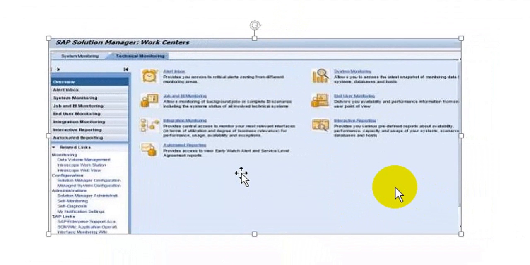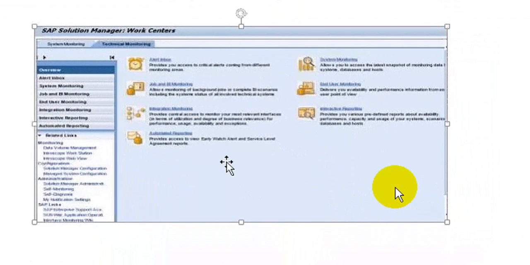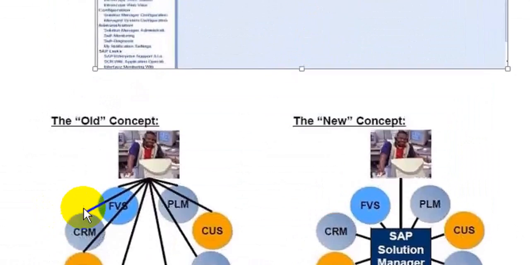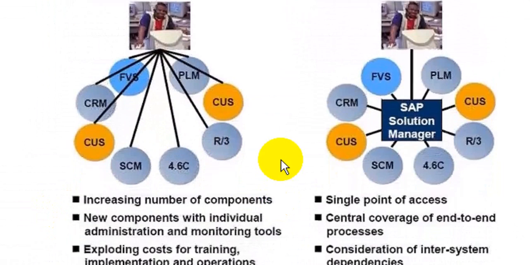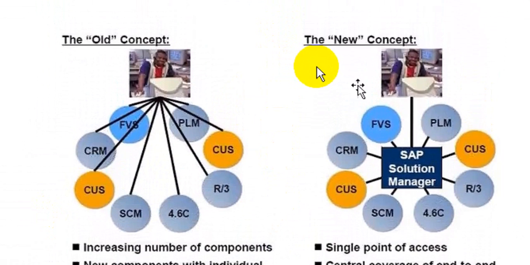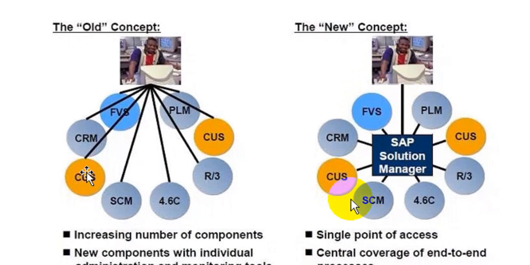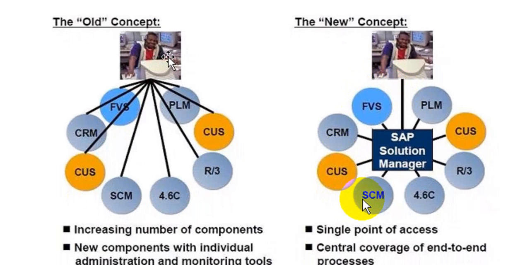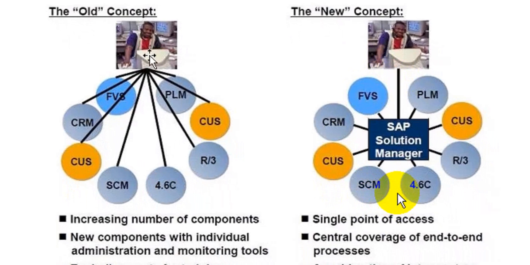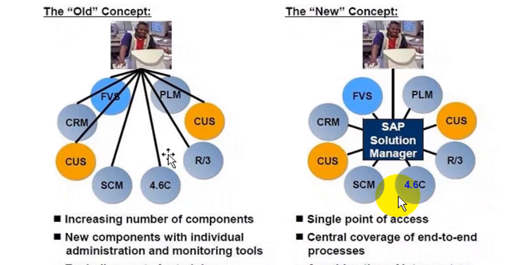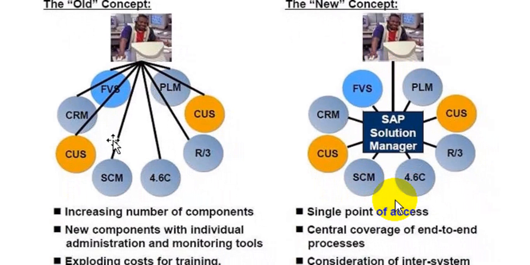This screen is based on Solution Manager 7.1. In this scenario, this is the old Solution Manager, and this is a new one. For every component, if they get any errors, they will directly connect to the business partner. There is no intermediate. Directly, they will get the number of incidents.